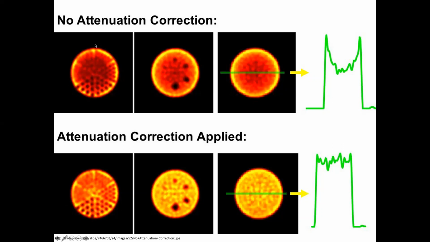Versus something that's here, let me see if I can use a laser pointer, versus something that's here, when it emits an X-ray, there is a very low probability that it'll get absorbed because there just isn't much patient between this point and the detector.